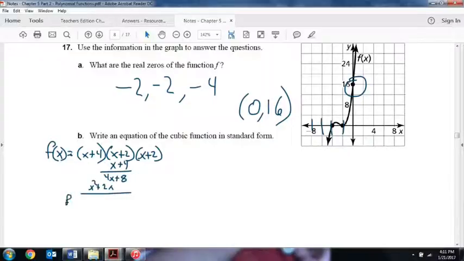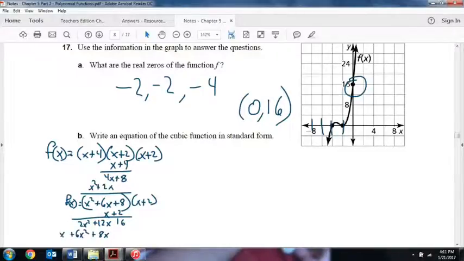So f of x equals x squared plus 6x plus 8, and we still have x plus 2 to take care of. If I do x plus 2, I've got 2 times 8 is 16, 2 times 6 is 12x, 2 times x squared is 2x squared, x times 8 is 8x, x times 6x is 6x squared, and x times x squared is x to the third.